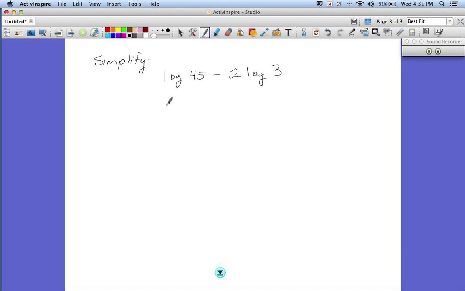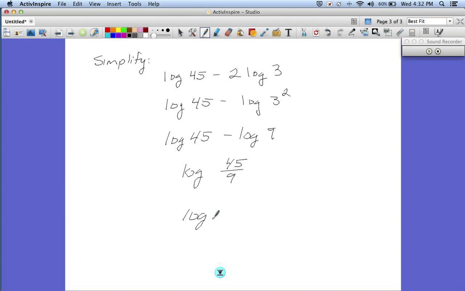I know that can go to the power, so I'm going to put it to the power and make that log of 3 squared. Well, log of 3 squared is the same as log of 9. And now I see subtraction. I know that came from division. So I can do log, remember this is base 10, of 5.